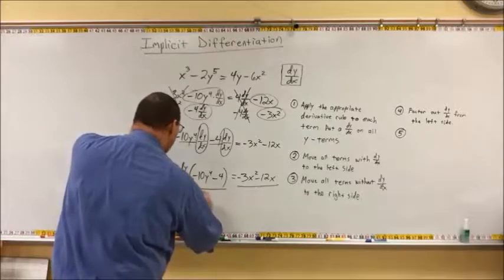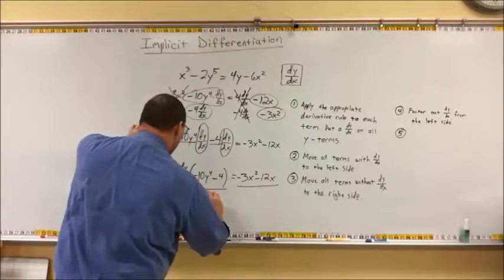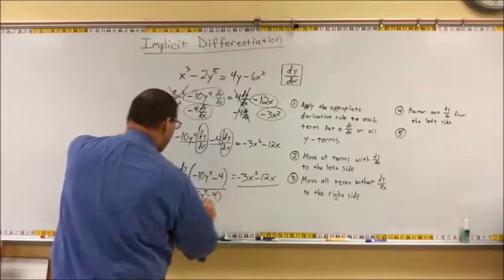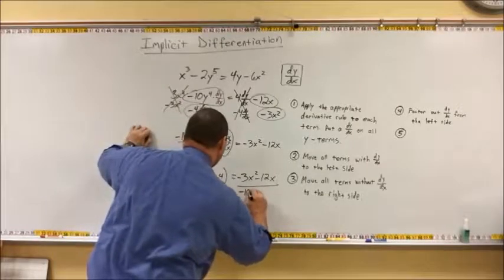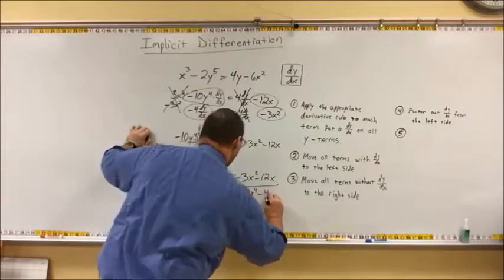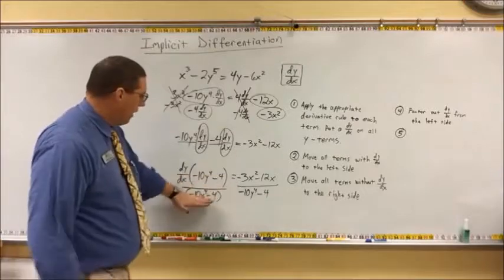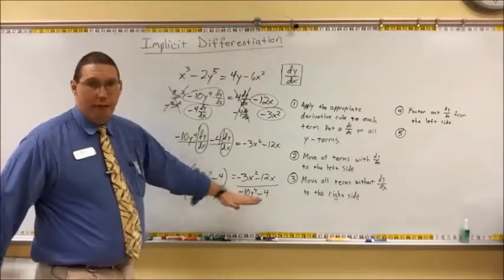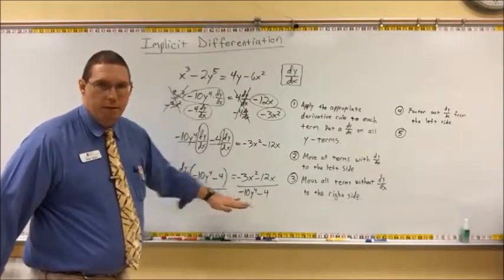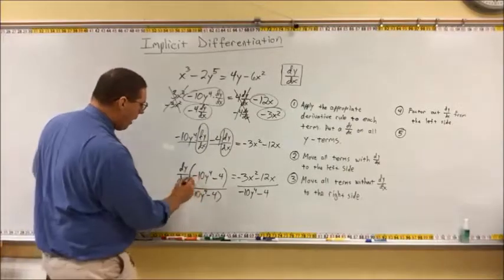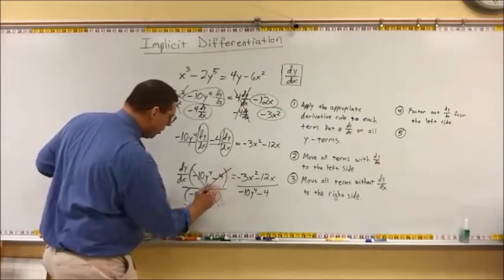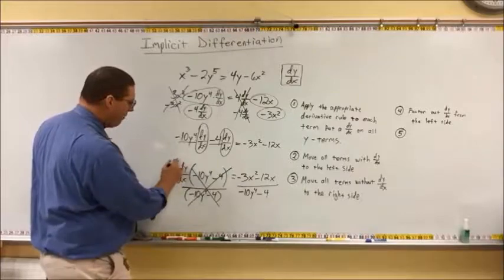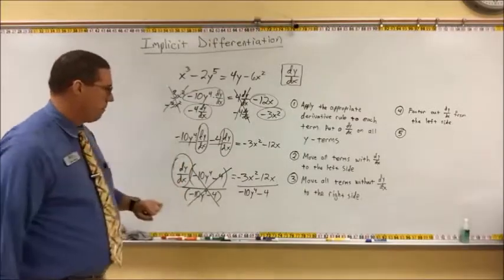So if we divide by negative 10y to the fourth minus 4 on both sides, it's algebraically consistent, it's legal. On this side, it's going to cancel, and all we're going to have left is dy/dx.